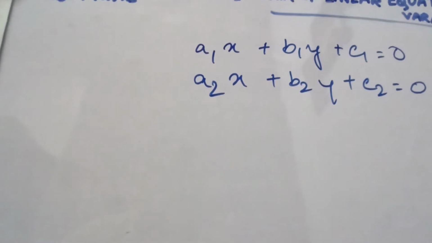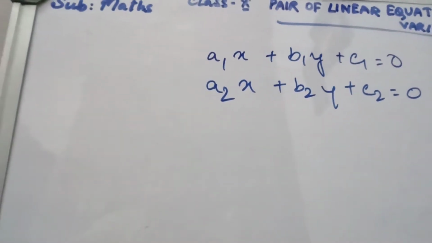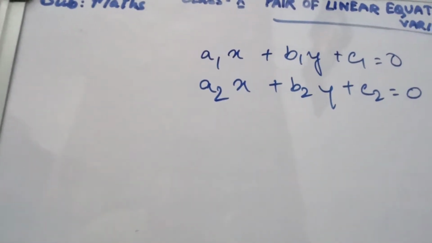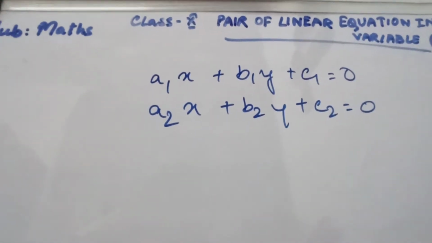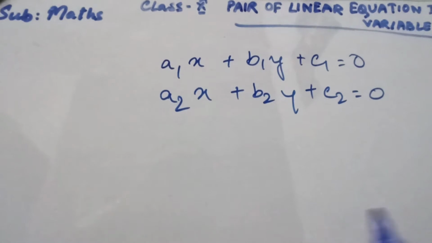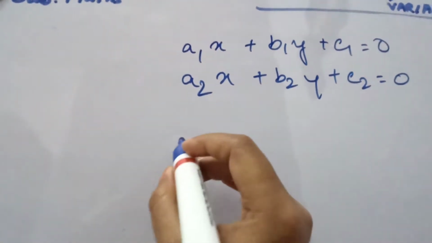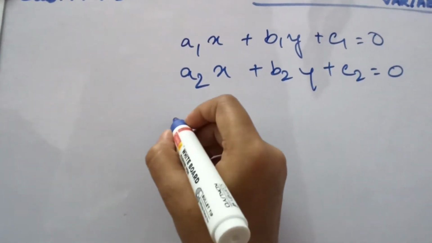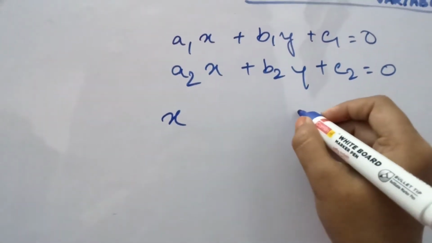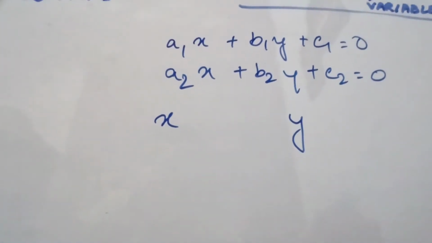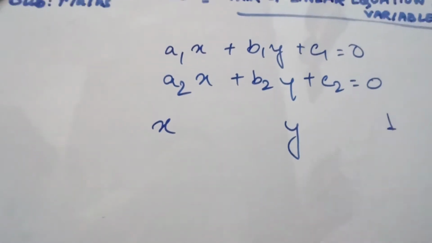Now what is this cross multiplication method? Cross multiplication method is we are going to solve without doing all the substitution. Apart from it, it's quite easy. First we'll write x, y and 1.